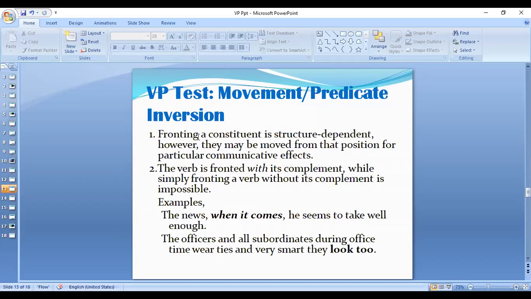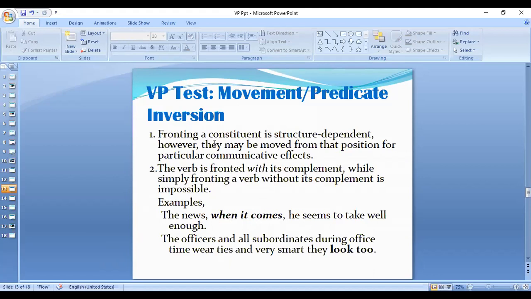The verb is fronted with its complement, while fronting a verb without its complement is impossible. I think the concept will be clarified with the examples.